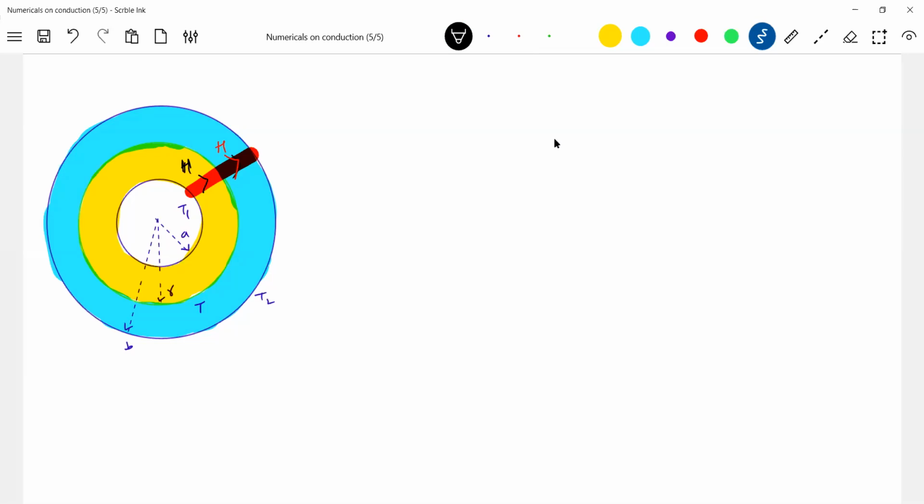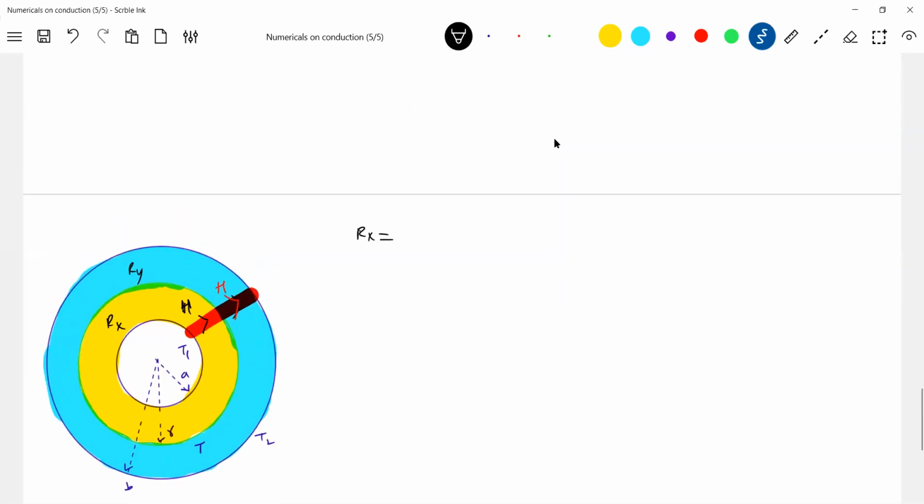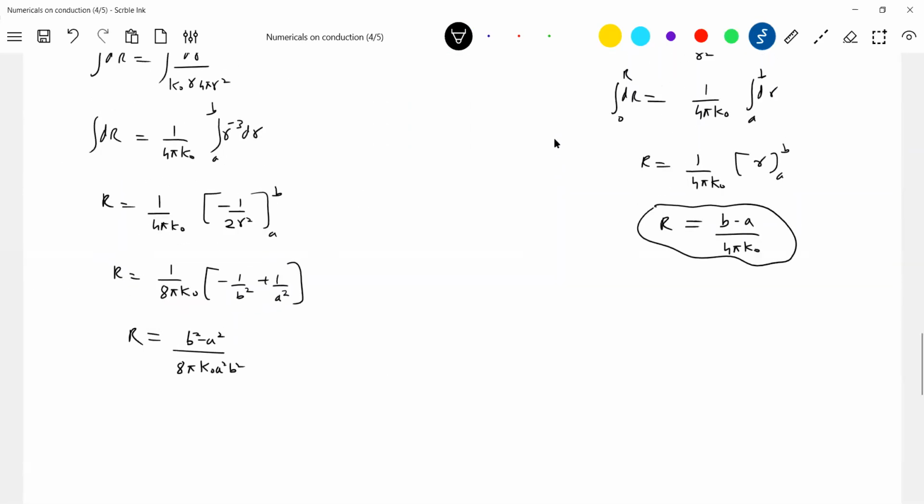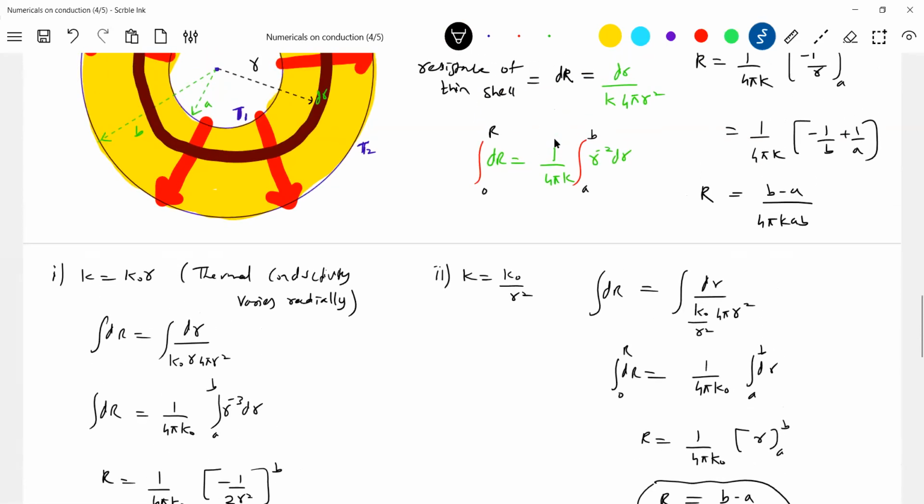What is the resistance of the lower shell? Then the resistance of the outer shell. So what is the resistance for the inner shell? So let me take this is Rx, this is Ry. First Rx. Any formula? Rx is equal to, what is the formula? This formula. B minus A by 4 pi KAB.